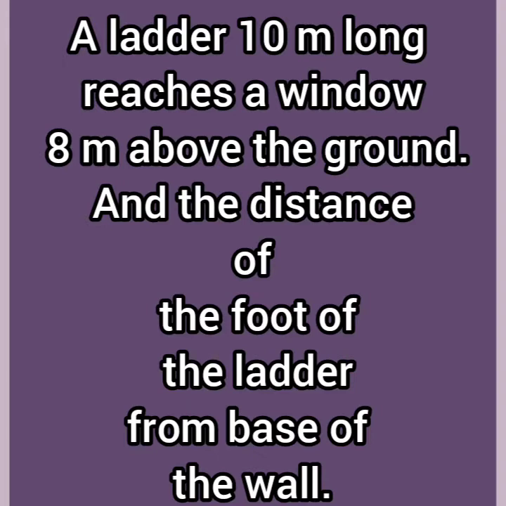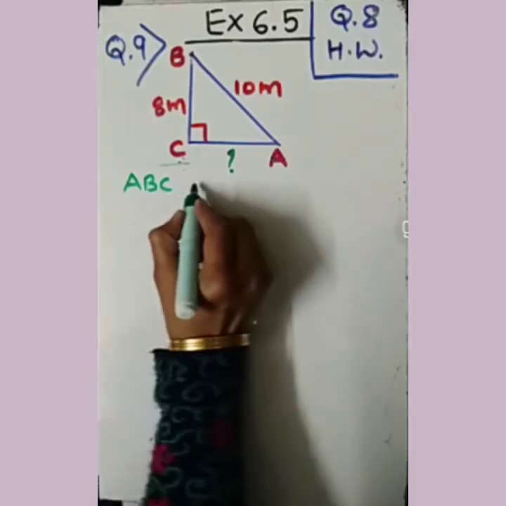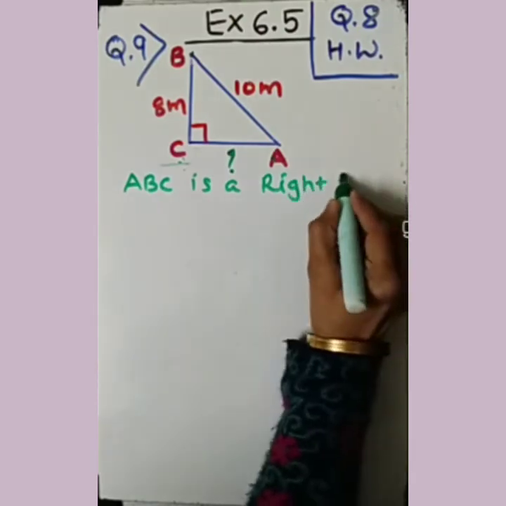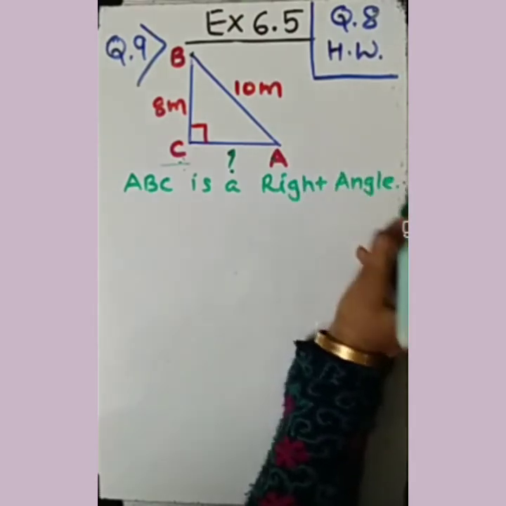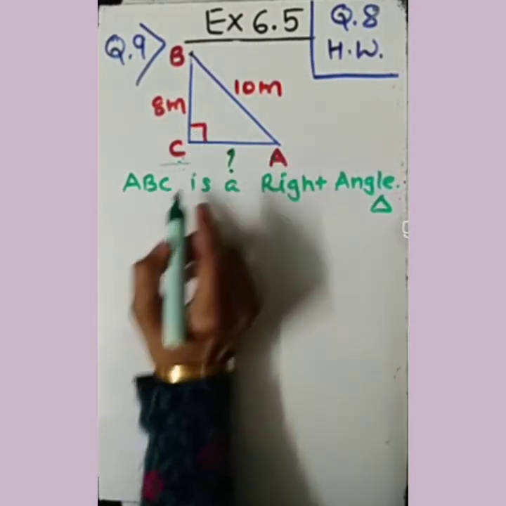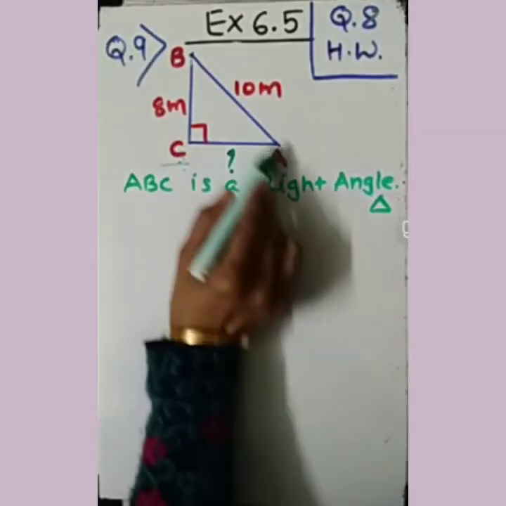Okay. So in this we can see ABC is a right angle triangle. If C is at 90 degree, then of course AB will be the hypotenuse.